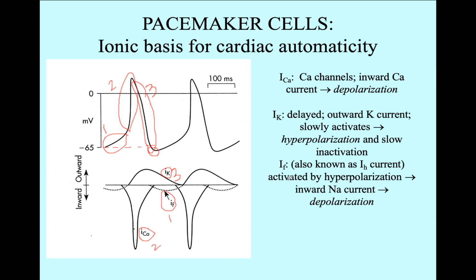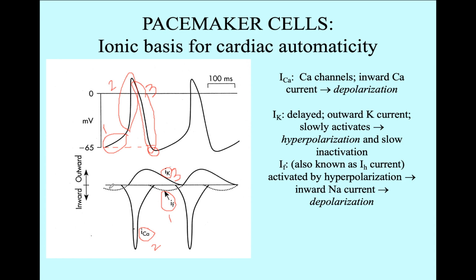They're written over here. ICa is calcium movement, IK is potassium movement, and IF, I know this is really weird that they named it IF, is sodium movement. They named it IF because before they found out that they were sodium channels, they were just funny channels. So scientists legit name this the funny current.